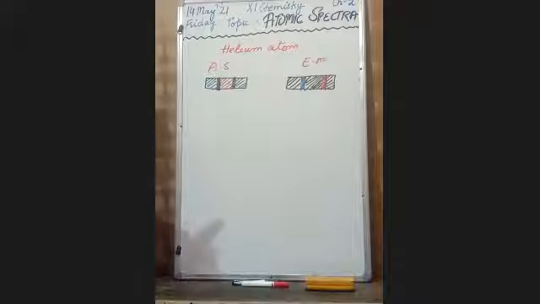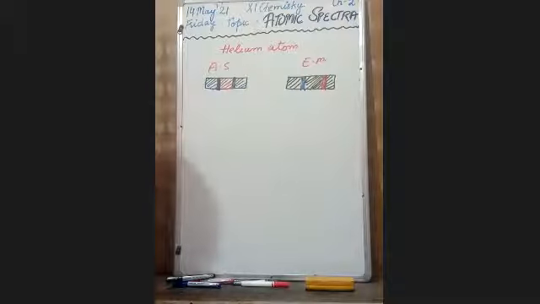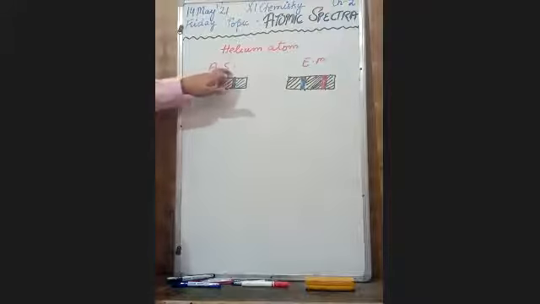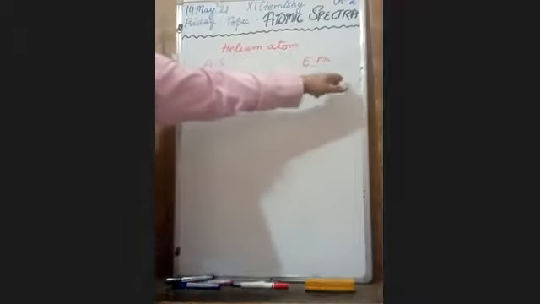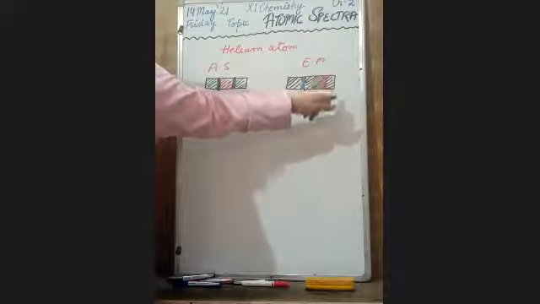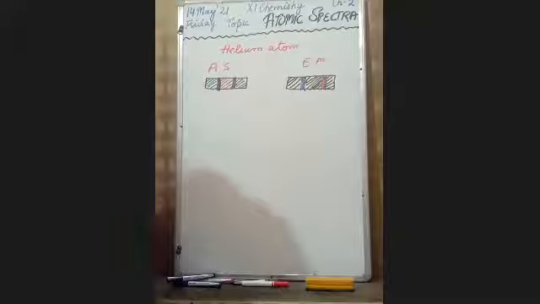Can you differentiate between these two? Dear students, you will be surprised to know that the lines missing in the absorption atomic spectra are the colored lines found in the emission spectra. This is the most important conclusion.